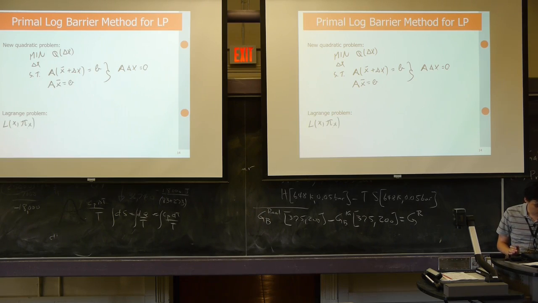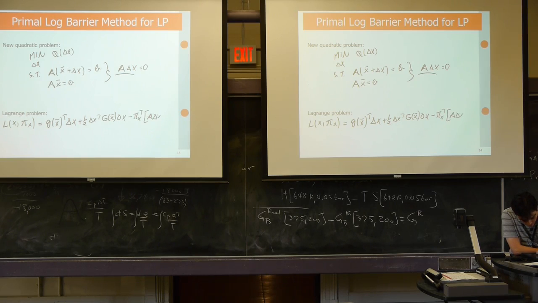If I denote the multipliers with pi of x, then we had the derivative at x bar transposed delta x plus 1/2 delta x transposed g(x bar), the second derivative, times delta x. And now minus the Lagrange multiplier pi of x transposed times my constraint A delta x.